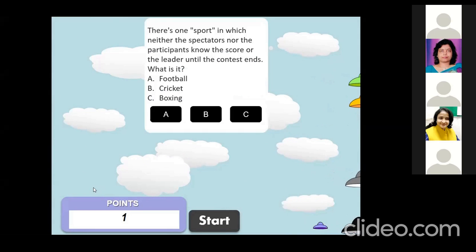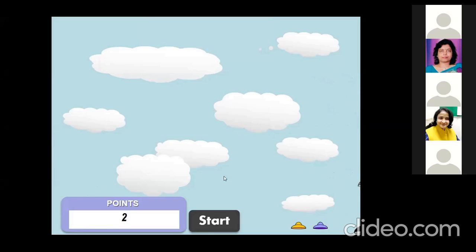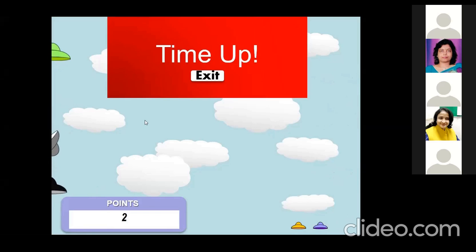Again I got another question. So here again I have to find the correct answer. So if I click the correct answer, another spaceship. So again I click start. Okay, now it is time up. So I have scored 2 points.